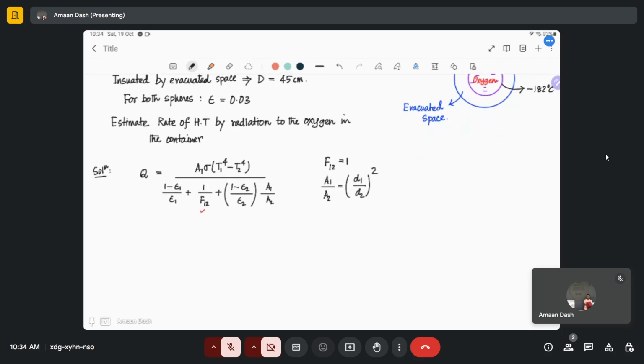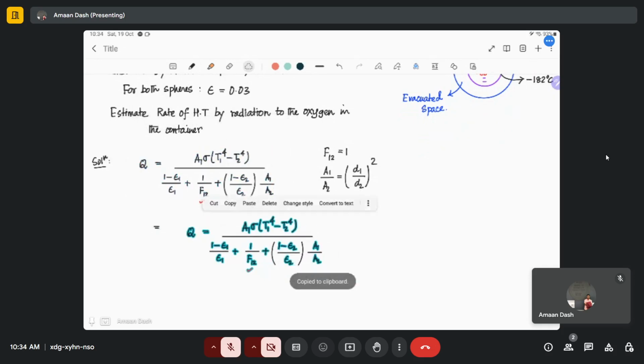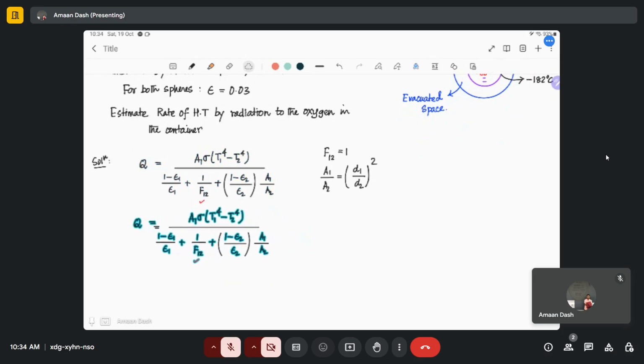So we can simplify this expression. This term will go to 1.